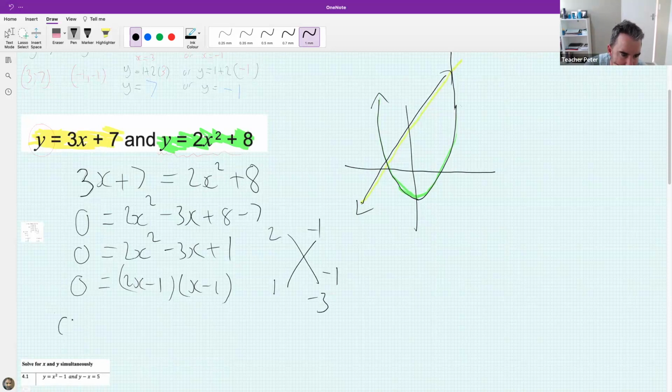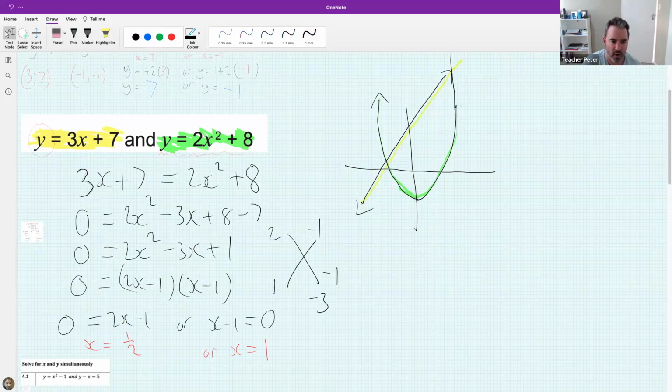I seem to be getting x is a half or x is 1. So watch out here. You've got 2x minus 1. The 2x minus 1 thing, when you bring the 1 across. Okay, cool. Perfect.